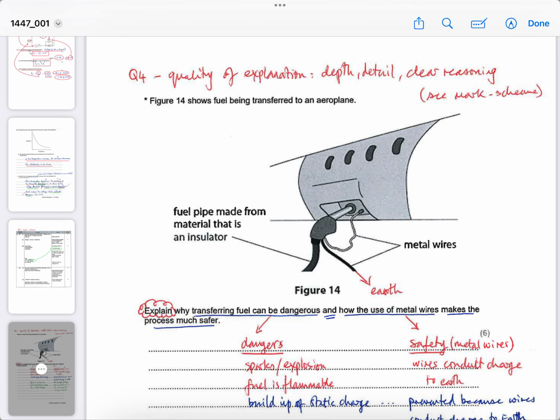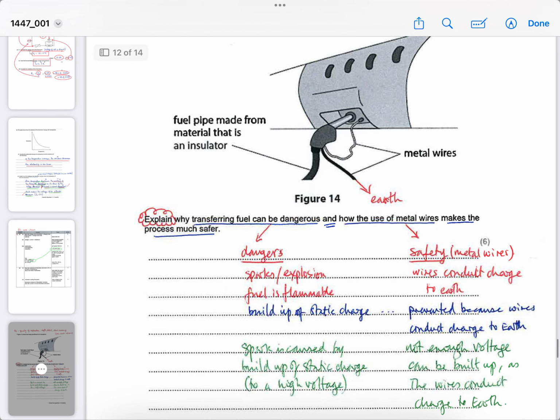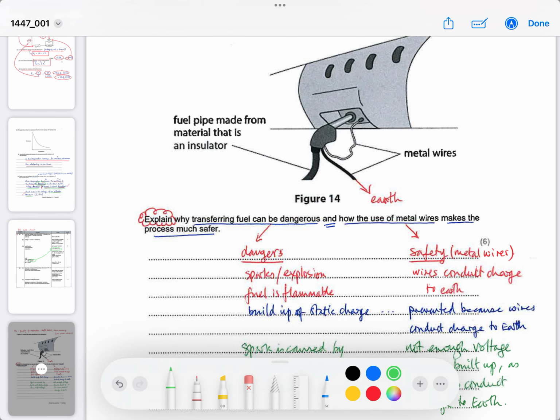Okay, so they want you to explain why transferring fuel can be dangerous. So refueling a plane can be dangerous, and how. So you want something about dangers and how the use of metal wires makes the process much safer.